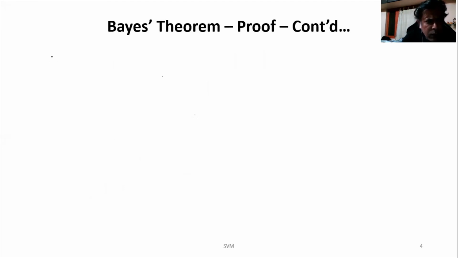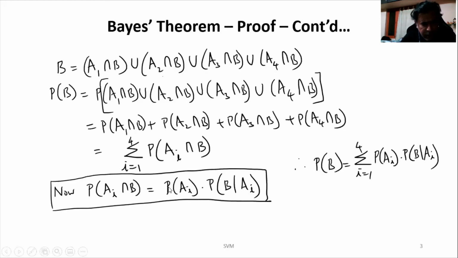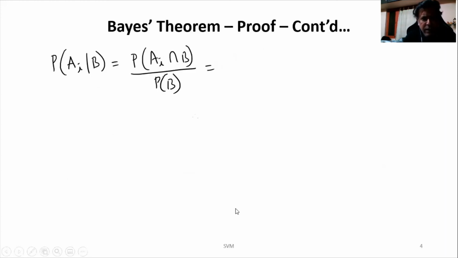Let me write now, what is probability of Ai given B? By the formula of conditional probability, I can write this as probability of Ai intersection B divided by probability of B. Right? Now, let us go back. What is probability of Ai intersection B? Here it is. It is probability of Ai into probability of B given Ai.